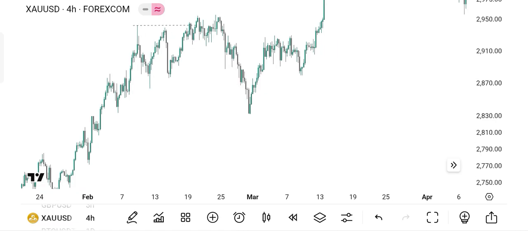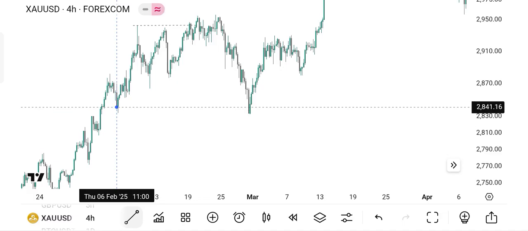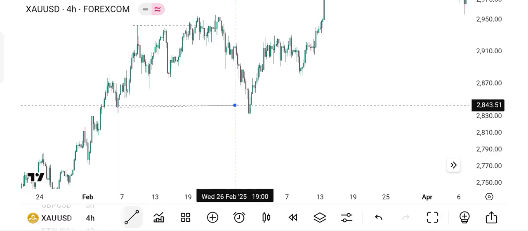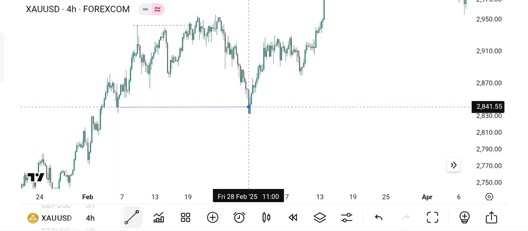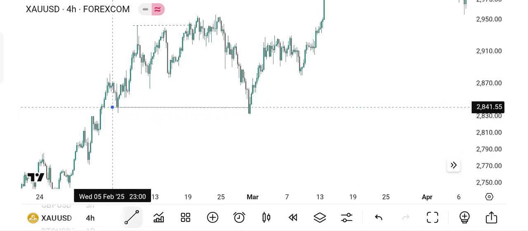Then price came into the zone to take out this as our internal range liquidity. But before that, you can see this trend line liquidity here.